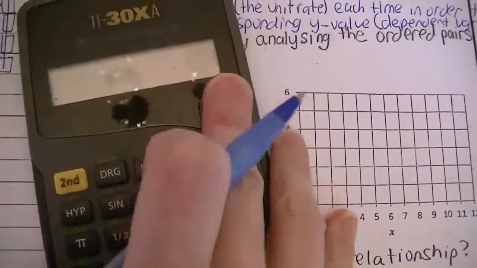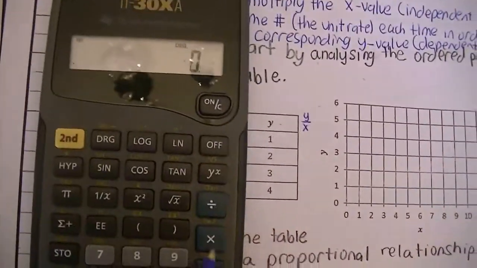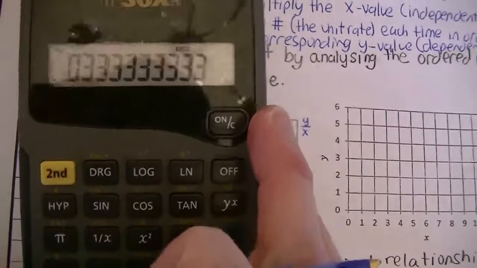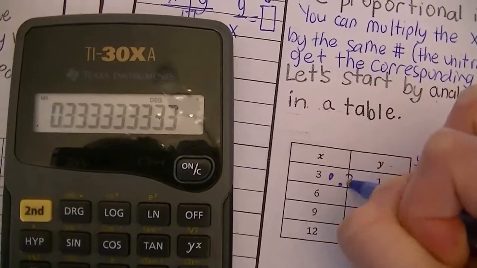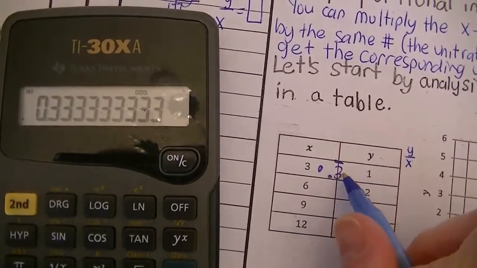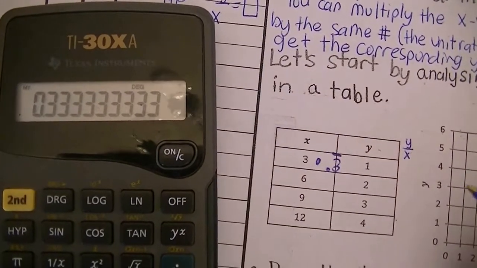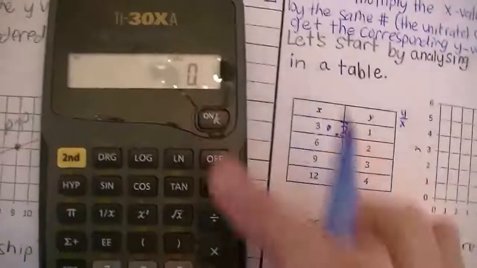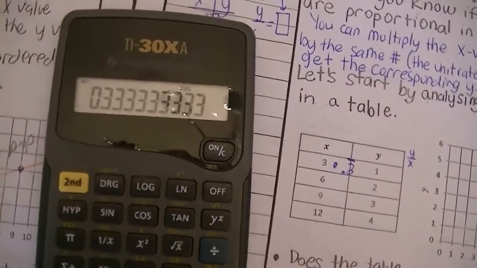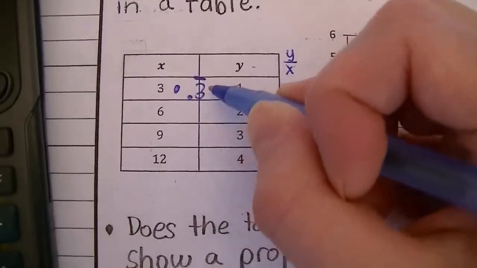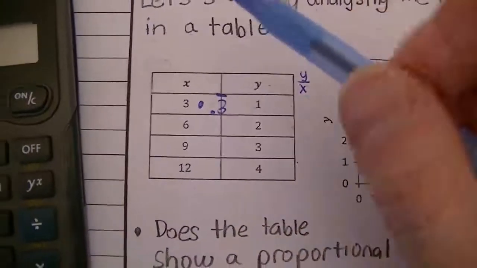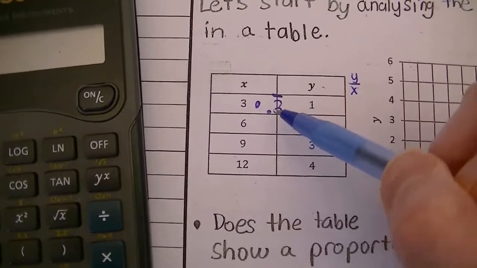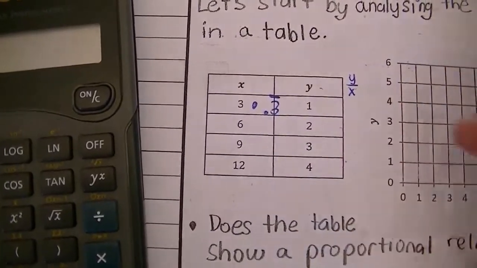So 1 divided by 3 is 0.3 repeating, and that's 1/3. When you go 1 divided by 3, it's the same thing. So basically we're multiplying by 0.3 repeating, or more precisely, without rounding, writing times 1/3.